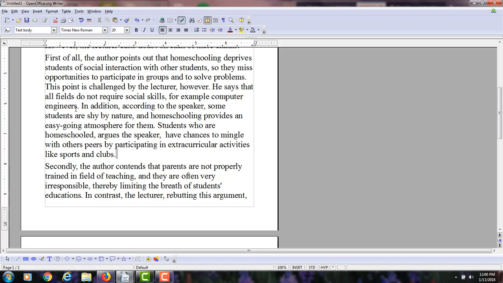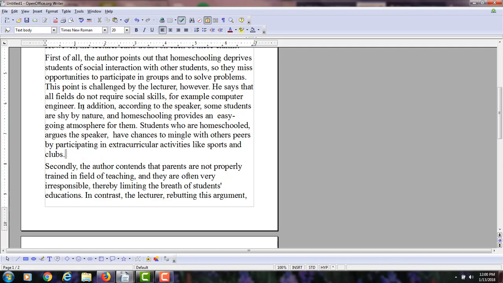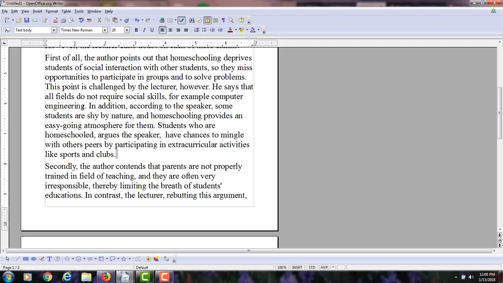Or if you say field, maybe it's better to say computer engineering, not computer engineers, because you're using the field here, so then talk about the field of study, not the person. In addition, according to the speaker, some students are shy by nature, and homeschooling provides an easygoing atmosphere for them. Students who are homeschooled, argues the speaker, have chances to mingle with other peers by participating in extracurricular activities like sports and clubs.